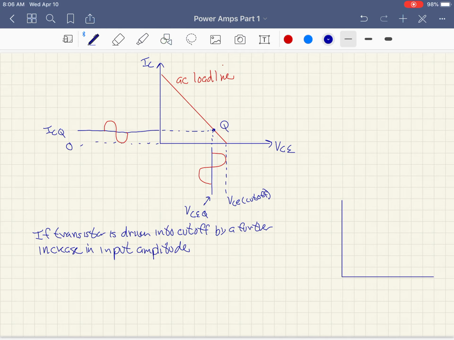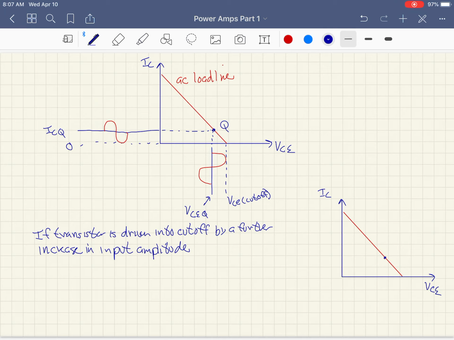I'll draw this one a little smaller. Okay. So we've got IC, we've got VCE, we've got our load line again. We've got our Q point.